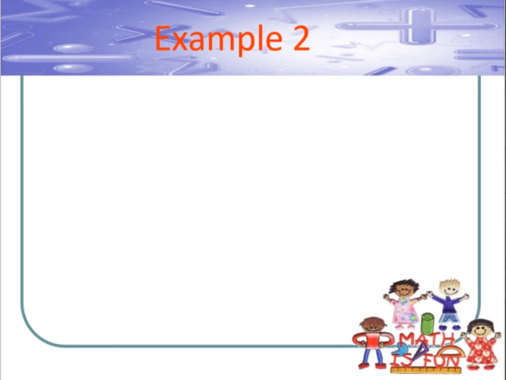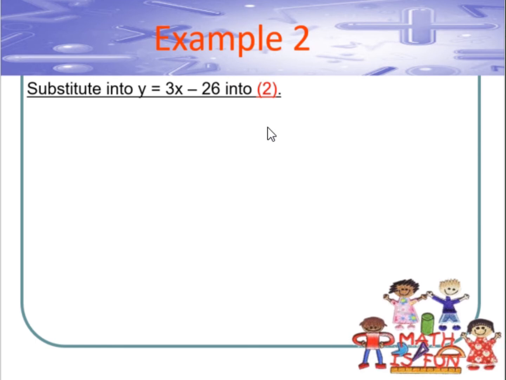Ang nakuha nating value ng y na 3x minus 26 ay isa-substitute ngayon natin sa equation 2. Ang equation 2 natin ay 4x plus 5y is equal to 3. Papalitan na ngayon natin, 4x plus 5, pinalit natin yung y na 3x minus 26 should be equal to 3.